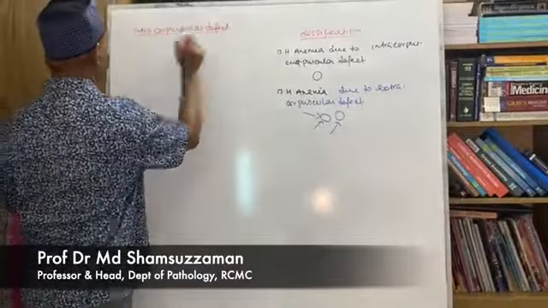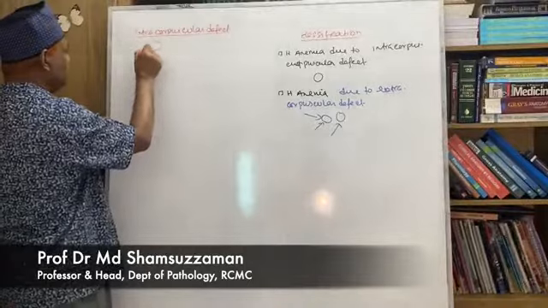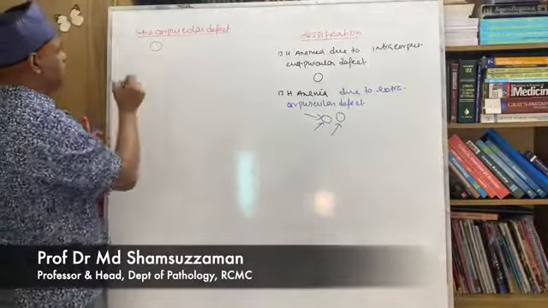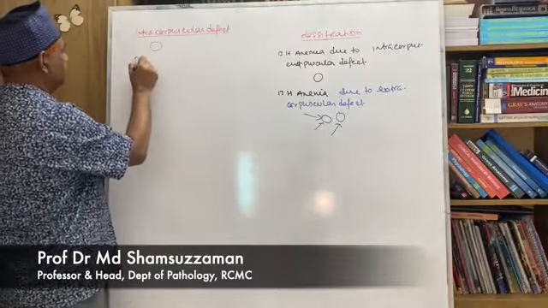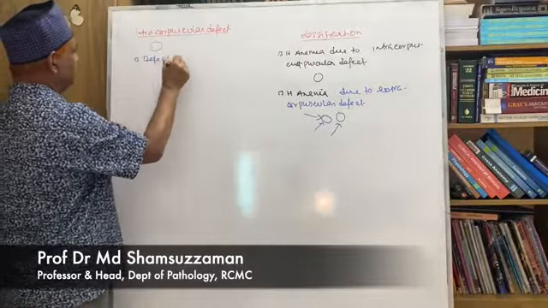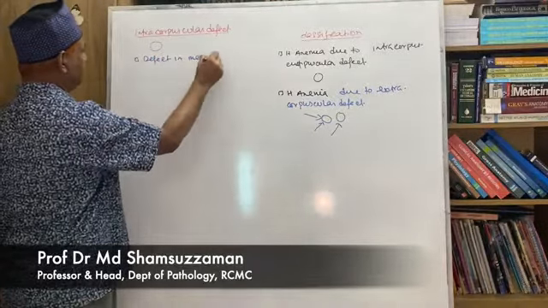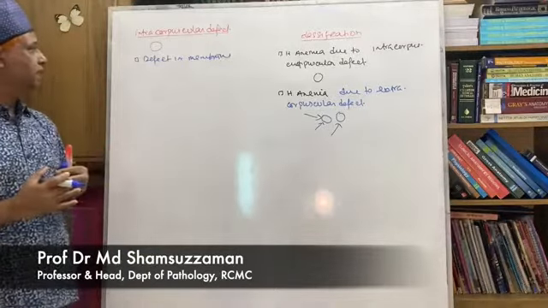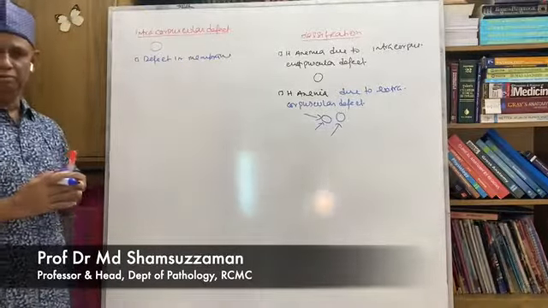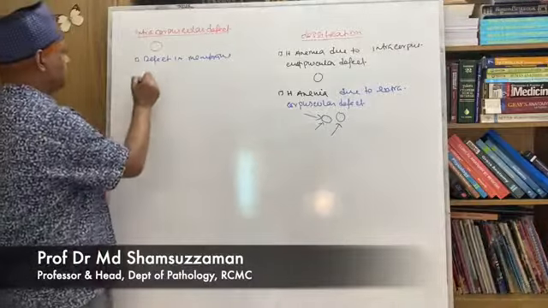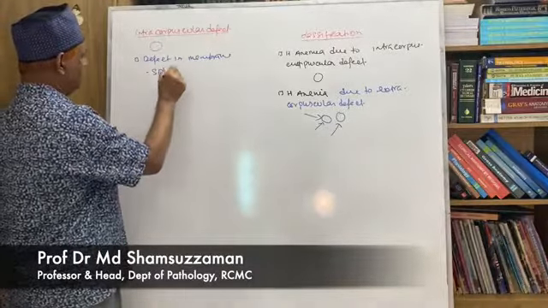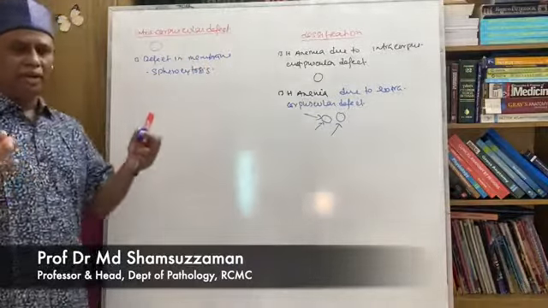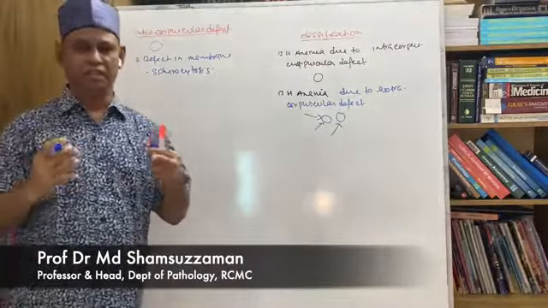Now come to intracorpuscular defect, that is, defect within the RBC itself. First one, the defect may be in the membrane of the RBC, and that may lead to hemolytic anemia. There are many defects in the RBC membrane associated with premature massive destruction, like spherocytosis. Dear audience, the normal RBC is a biconcave disc.